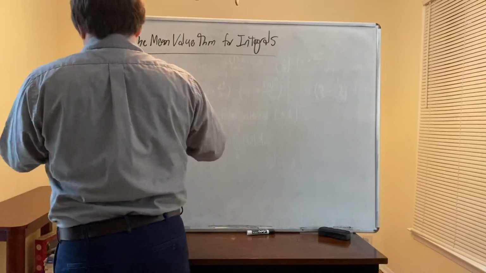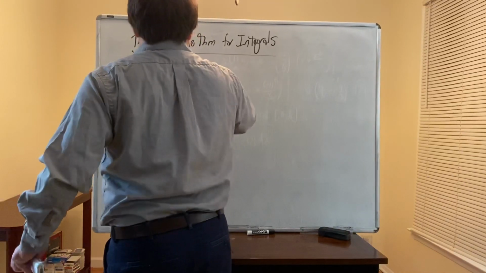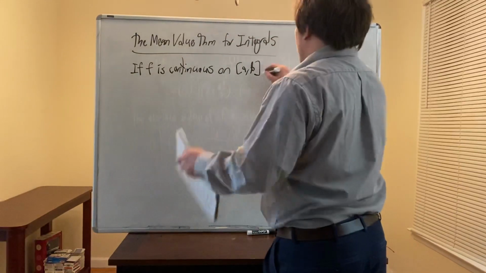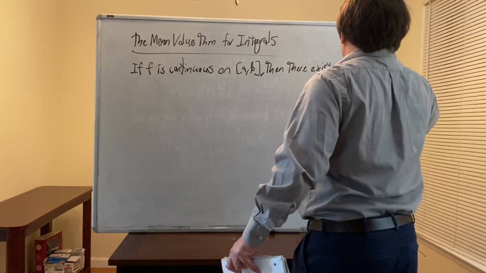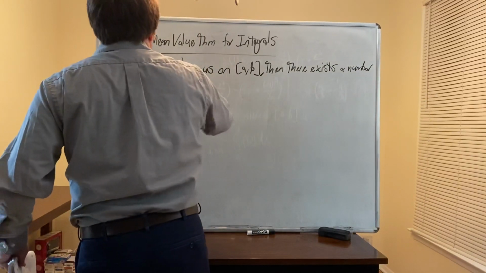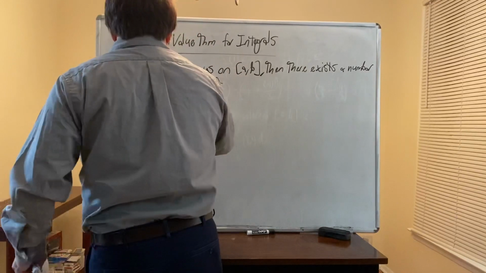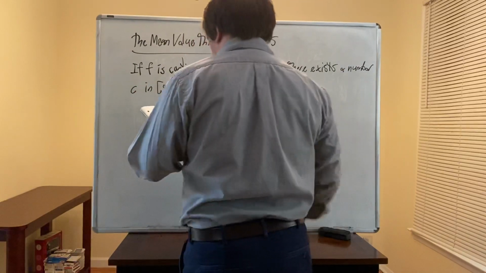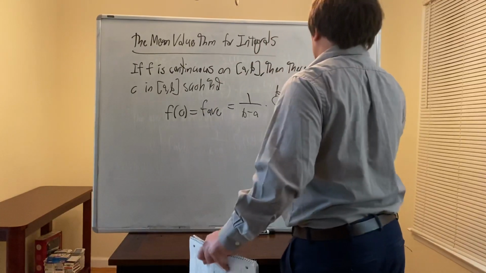If f is continuous on a finite closed interval a comma b, then there exists a number c in a comma b such that f of c is equal to f average, which again is 1 over b minus a times the definite integral from a to b of f of x dx.